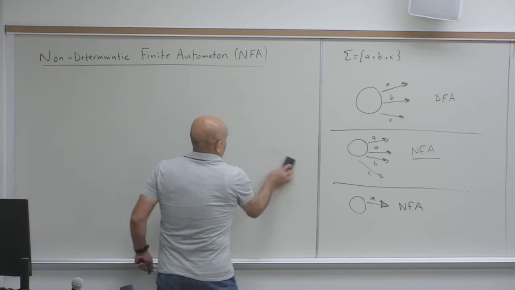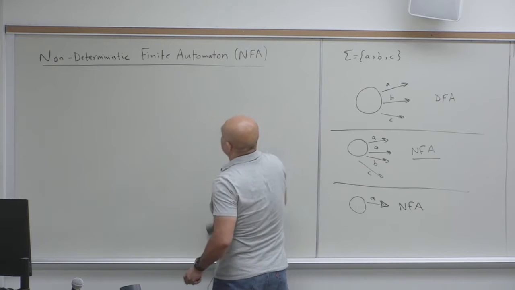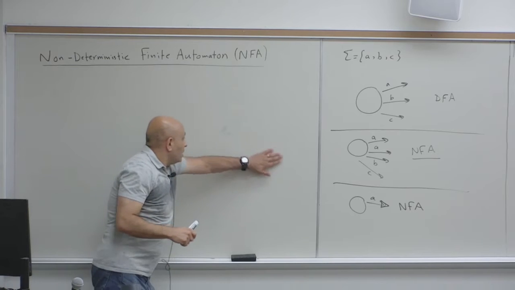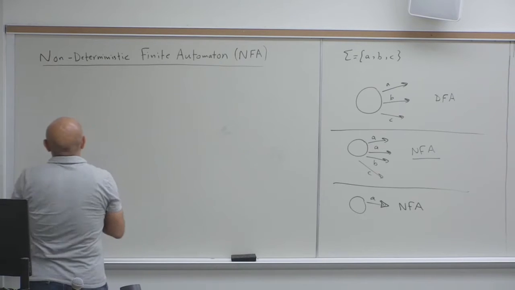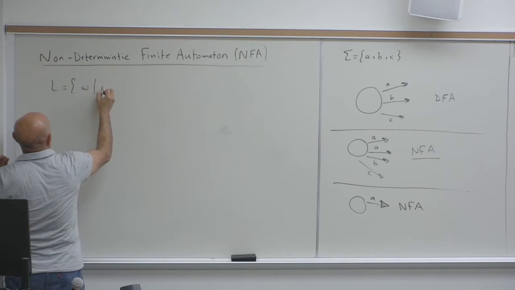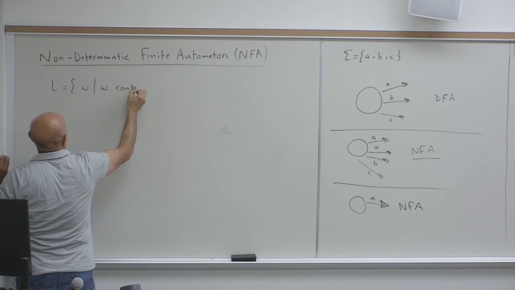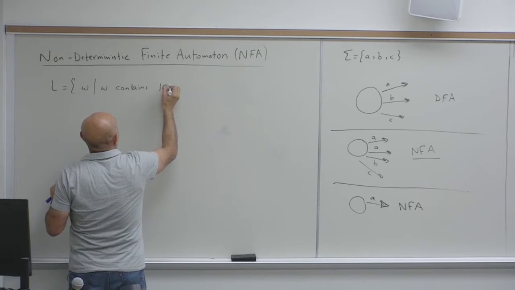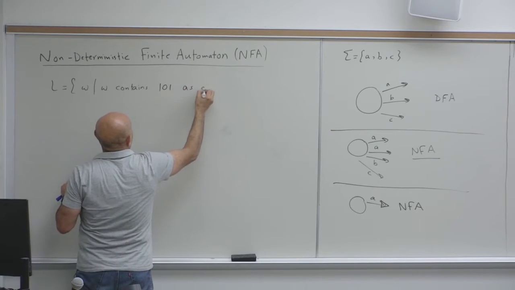Okay, so let me now give you an example. The last example that we had last time was this: the language L of strings W such that W contains 101 as a substring.